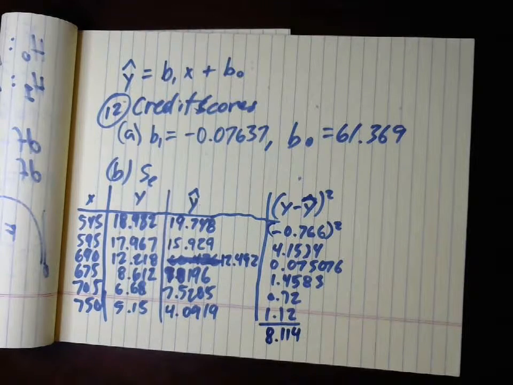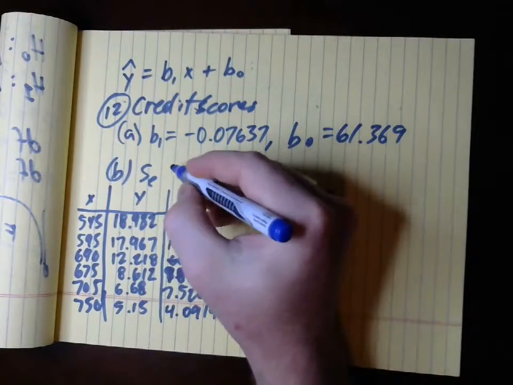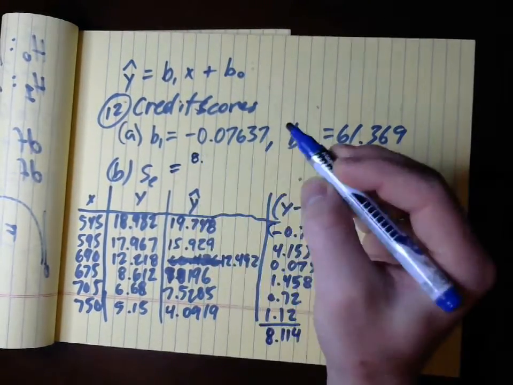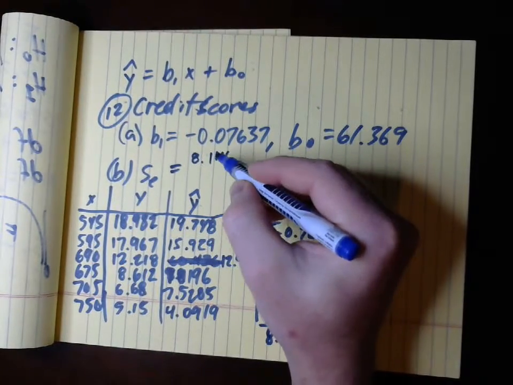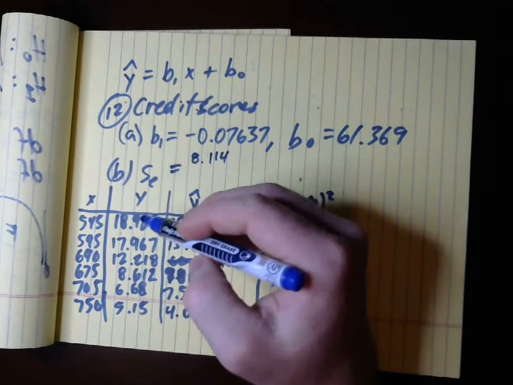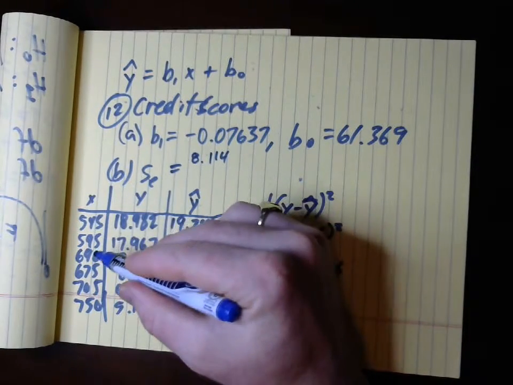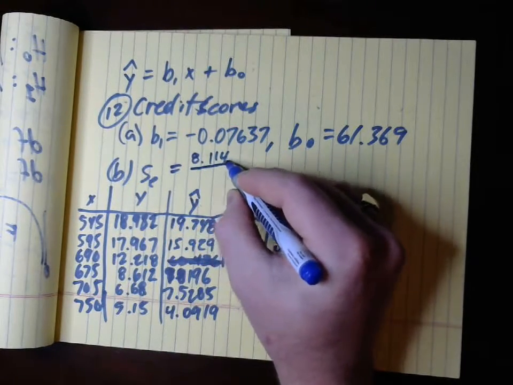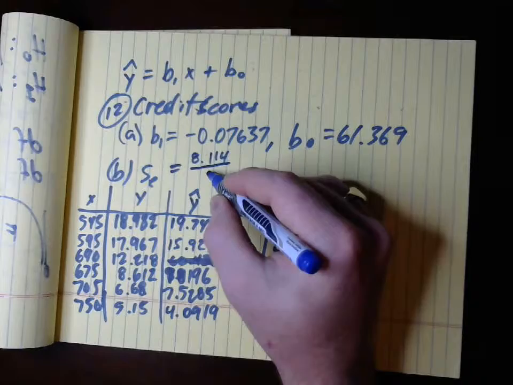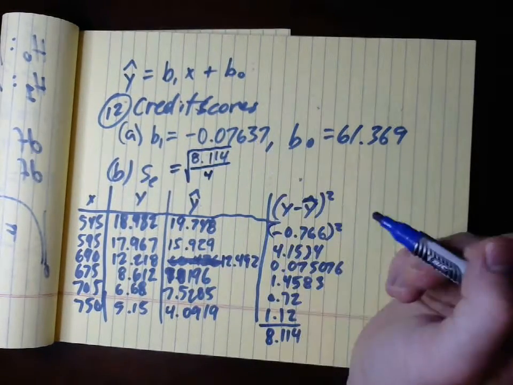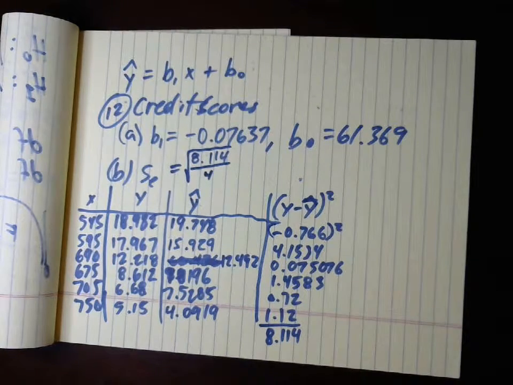All right. Now the last step to find S sub E is to take the sum of the squared residuals, 8.114, and divide that by n minus 2. So as we can, dividing by n minus 2, since there's 1, 2, 3, 4, 5, 6 different values, we would just divide by 4 and then take the square root of that. Okay, so let's go ahead and do that.